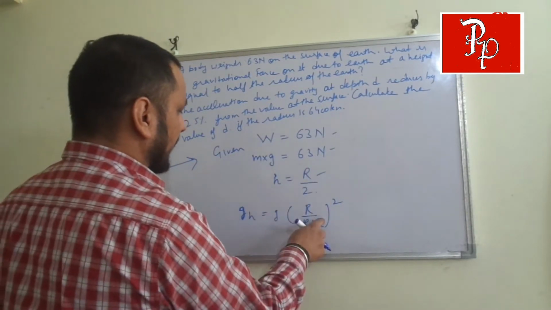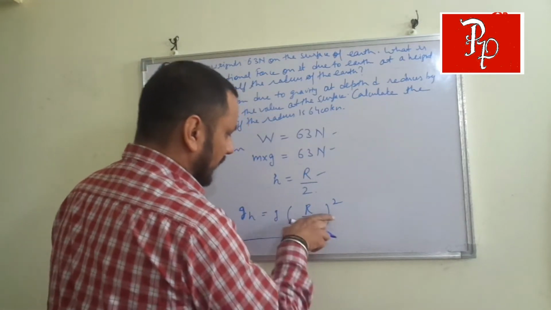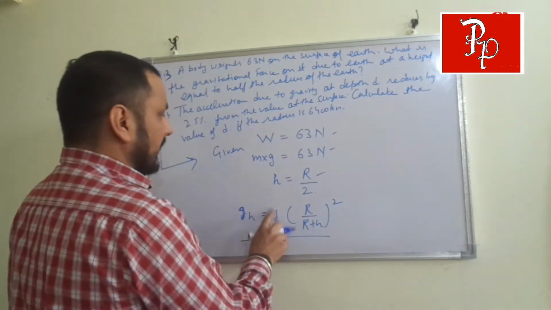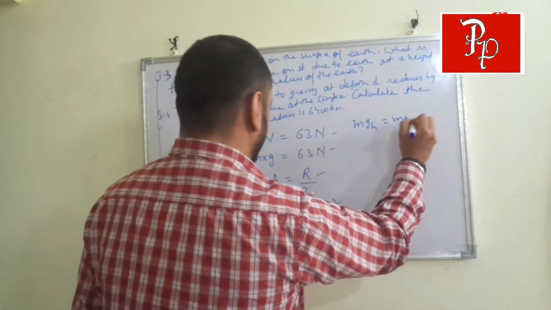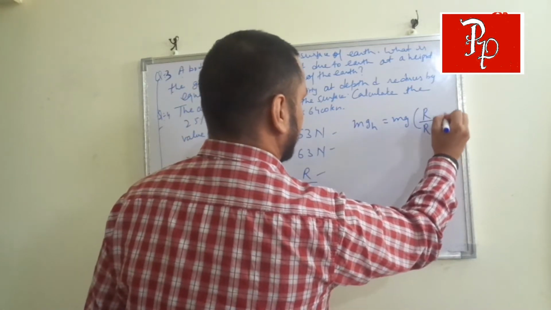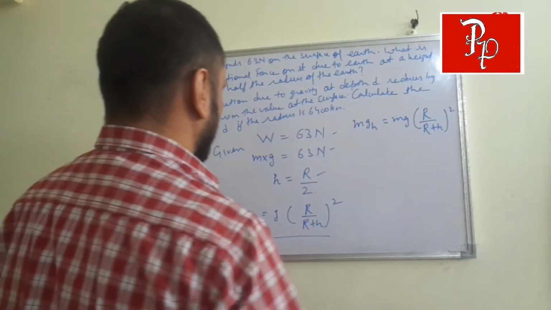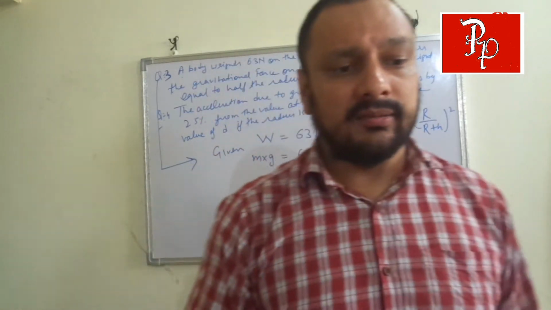Here h is r/2. Before proceeding to anything else, let us first multiply both sides by mass. That is mgh equal to mg r upon r plus h whole square. Why have I multiplied this with mass?